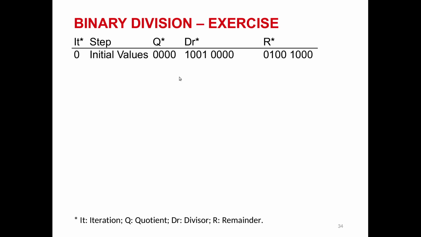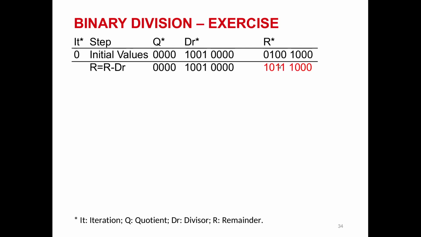We will start with DR as 1001, and these 4 bits should be considered as the blank location, so that DR can shift into that part. And R here, we start with this value. We do the same as what we did before.